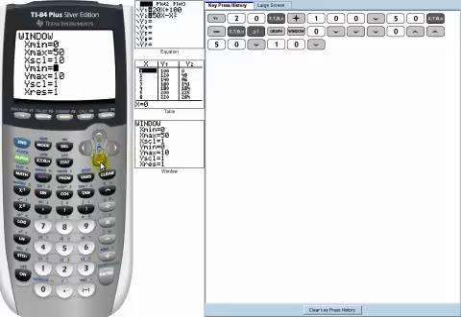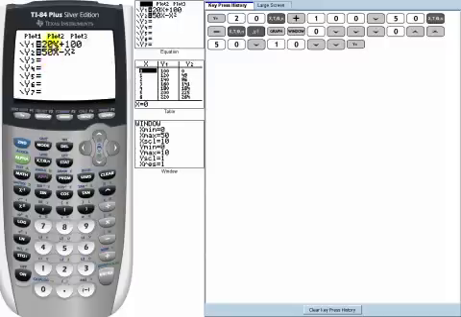Alright, how about the y variable? Well, the y variable is very much dependent upon the equations that you're graphing. So if I go back to my y=, and I look at this 20x plus 100 cost function, I know it's linear, therefore it starts at 100 at its y-intercept, and it just grows from there. In fact, if I let it grow all the way out to x = 50, 20 times 50 is 1,000, plus 100 is 1,100.